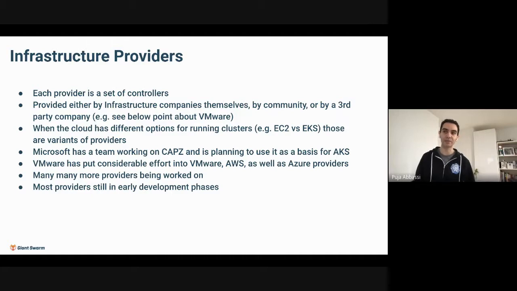And what we saw very early on is that Microsoft basically put a full team on working on cluster API Azure, CAPZ, and is planning to use it actually also as a basis for AKS internally.